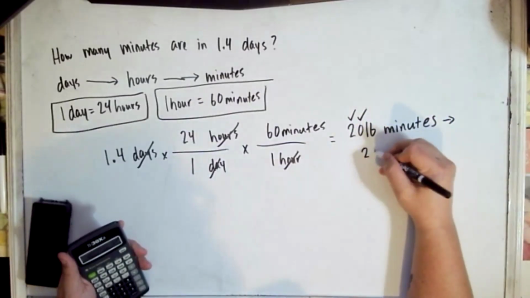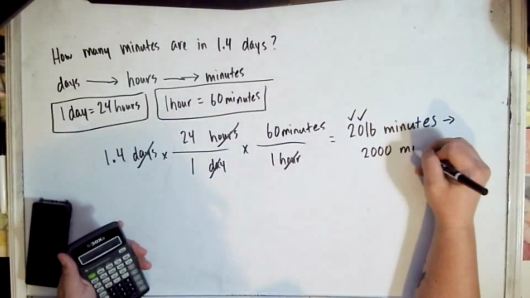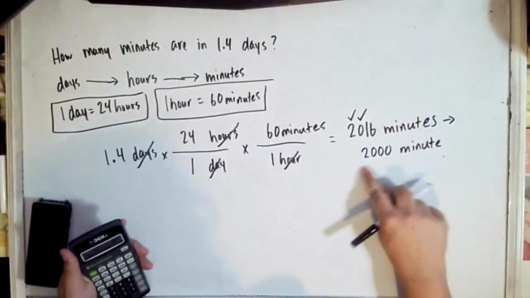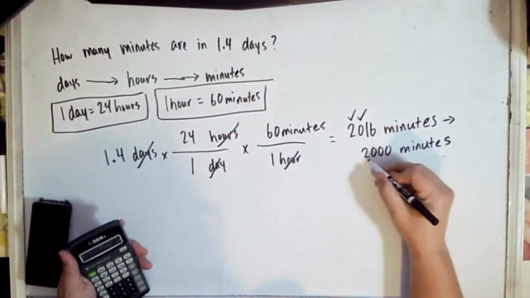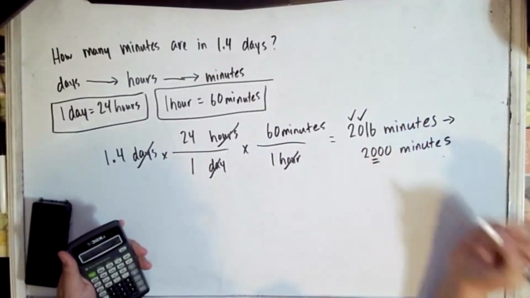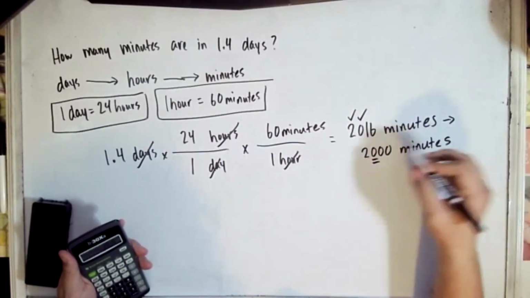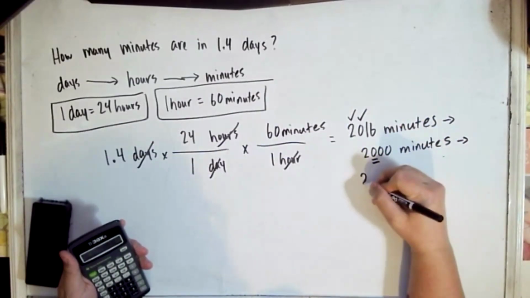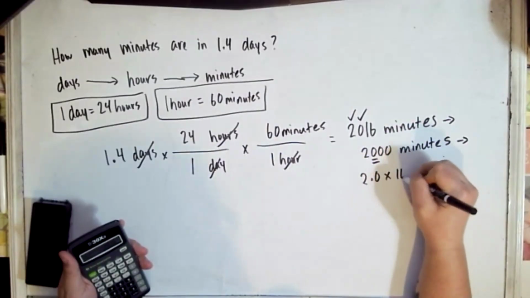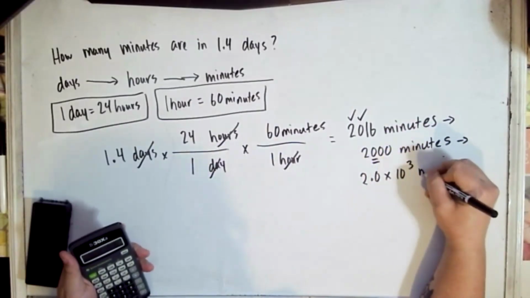So that rounded, that's 2,000 minutes. But we can't leave it like that because that implies that there's only one significant figure and we're significant up to that 0. So we're going to rewrite that as 2.0 times 10 to the positive 3 minutes.